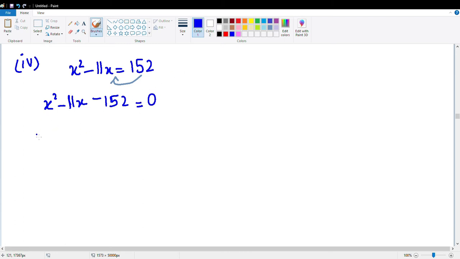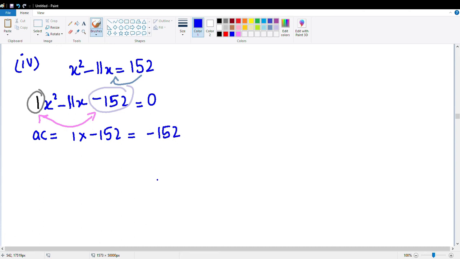Now AC is going to equal, you can see 1 is the coefficient of x squared, so it's going to multiply with the constant, right here, minus 152. So when we multiply, we get 1 multiplied by minus 152, and it equals minus 152.